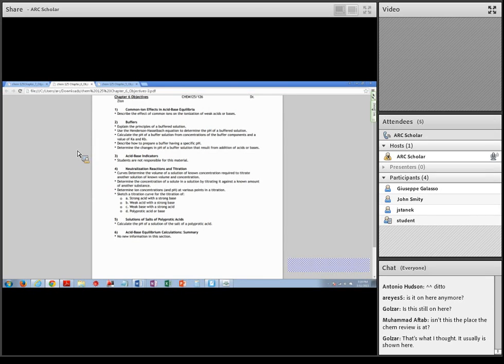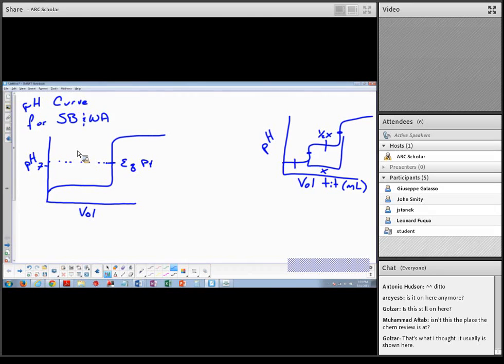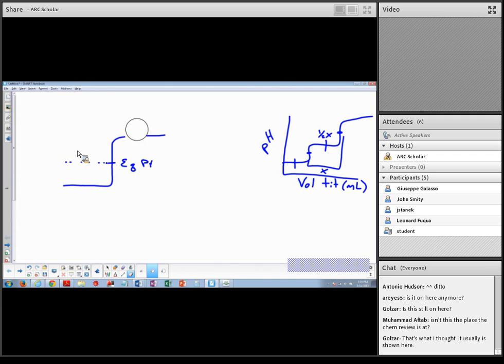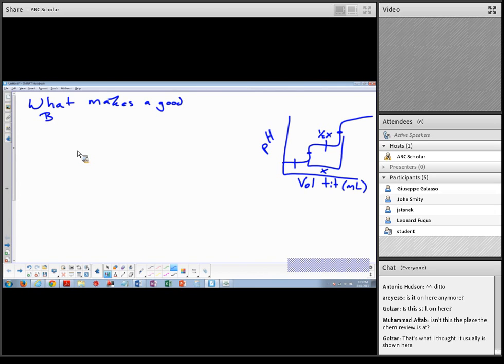Let's talk a little bit about what makes a good buffer.